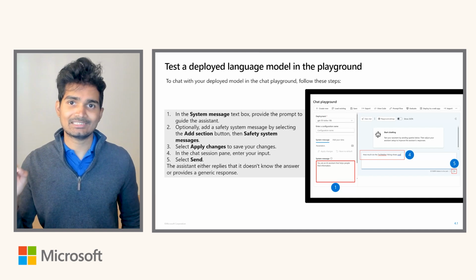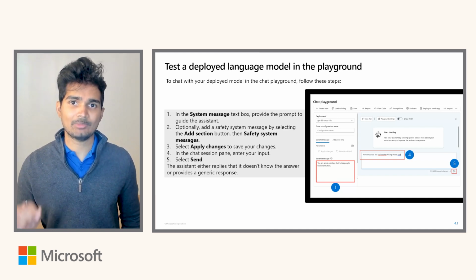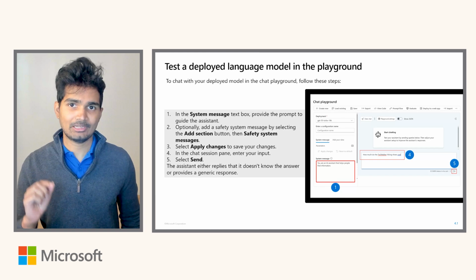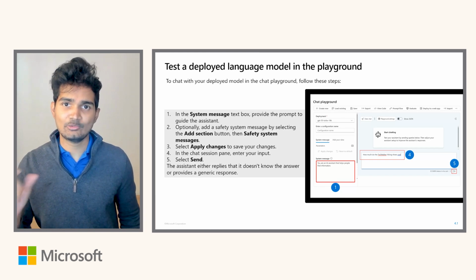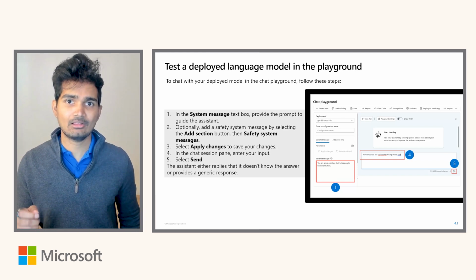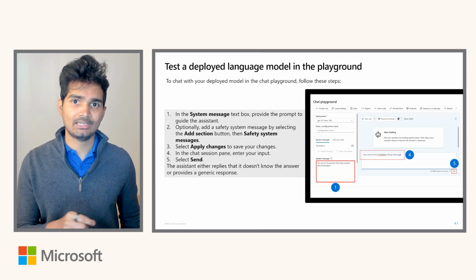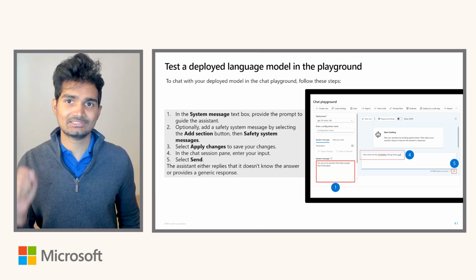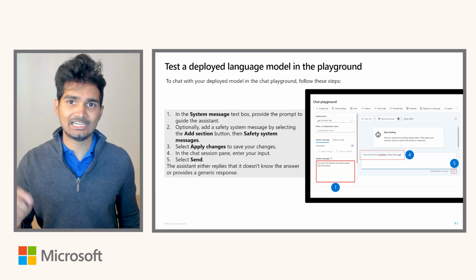Know that you can test a deployed language model in Azure AI Foundry Playground. You should know how to tweak system messages to get an LLM to follow your instructions, and be able to change settings like temperature to change the LLM's outputs in different ways.